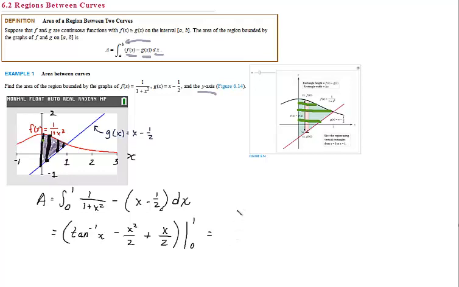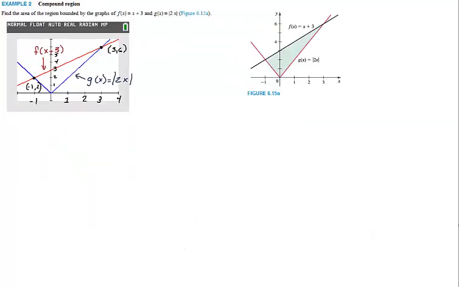I'll end up with the inverse tangent of 1, minus 1/2 plus 1/2, and then minus plugging in that 0 everywhere, which gives 0. This ends up being pi over 4, and that would be the area of the region in between those two curves and the y-axis. Now we'll go on to example 2.